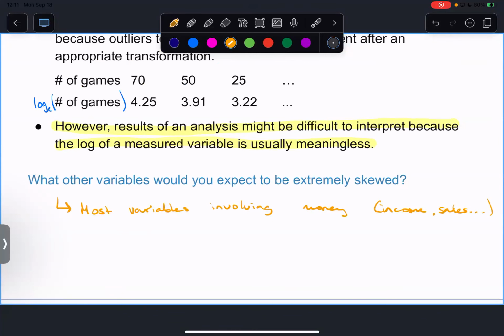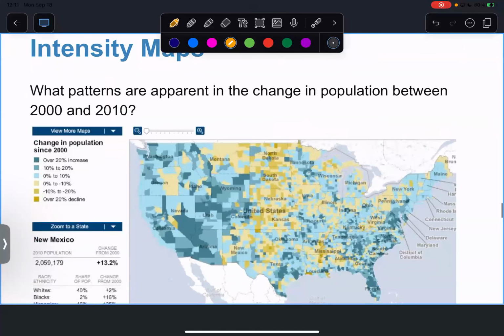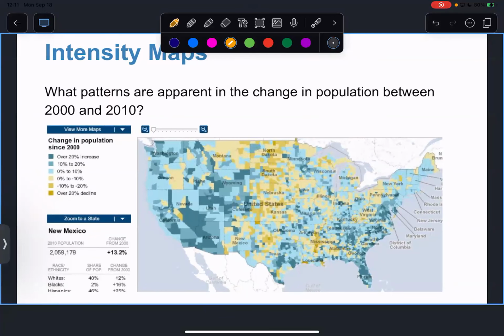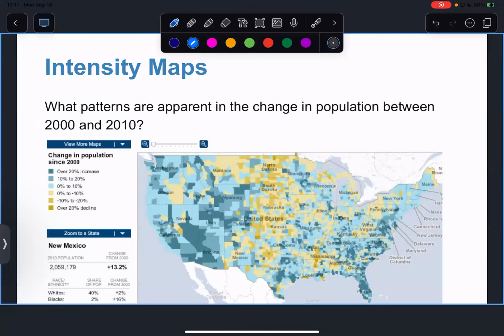The last thing I just want to show you is this intensity map. There's nothing more I want to say, but it's just another way to visualize numerical data. Of course, you have to have map points to map them to, a physical map.